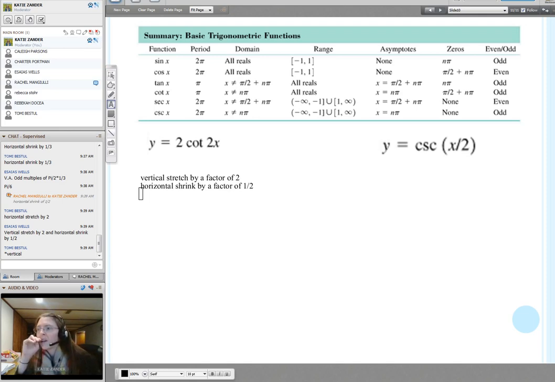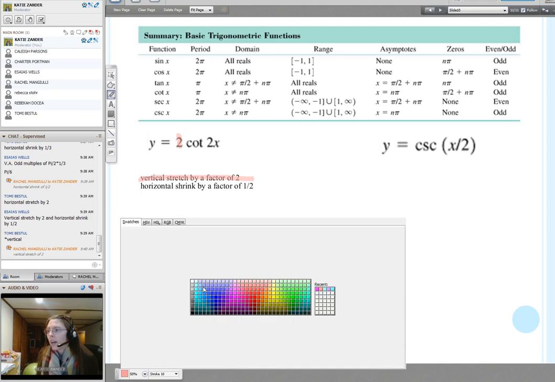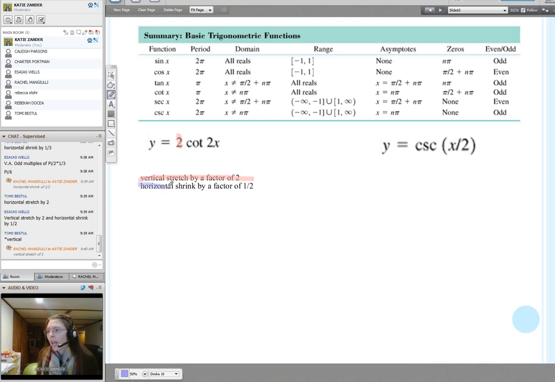Okay, good. So, yep, vertical stretch by a factor of 2. The vertical stretch is occurring from the 2 that's out front. And then there's a horizontal shrink by a factor of 1/2. And that's occurring from that 2 that's inside the parentheses. Technically, you can put parentheses around that 2x in there.